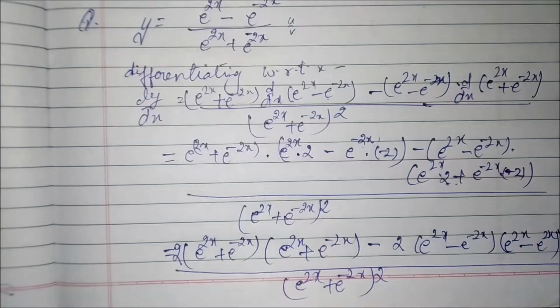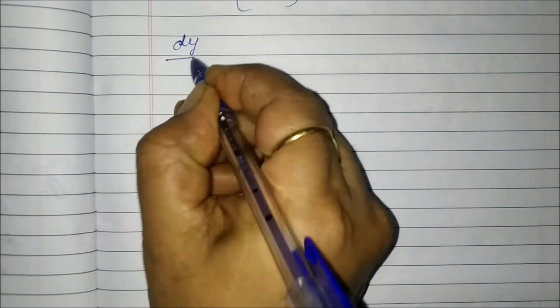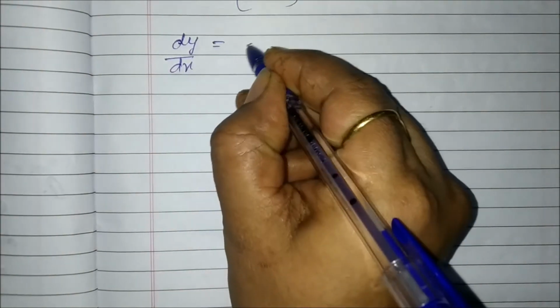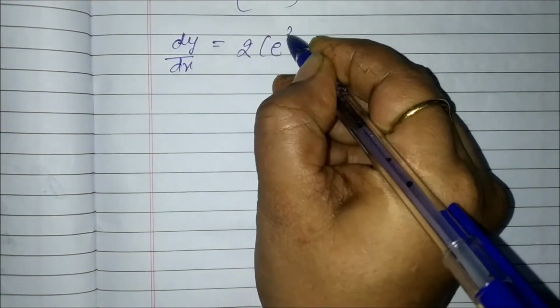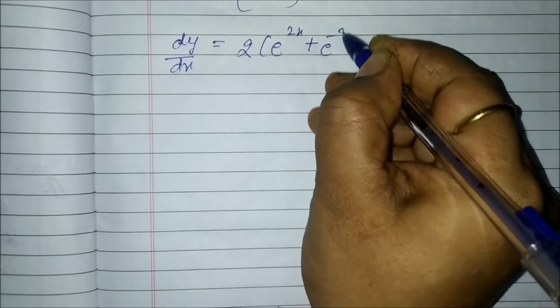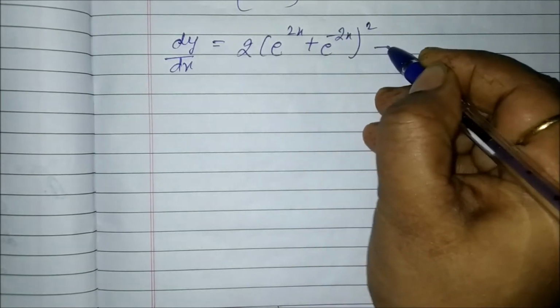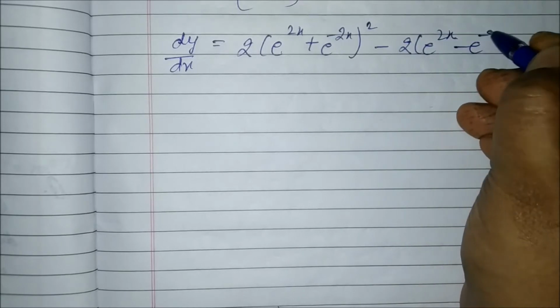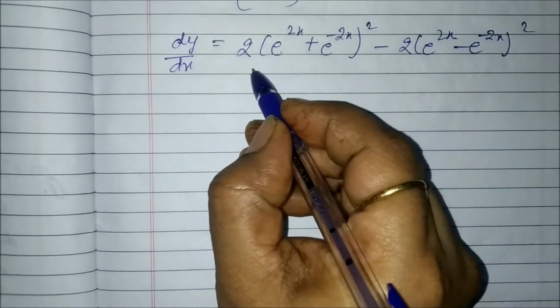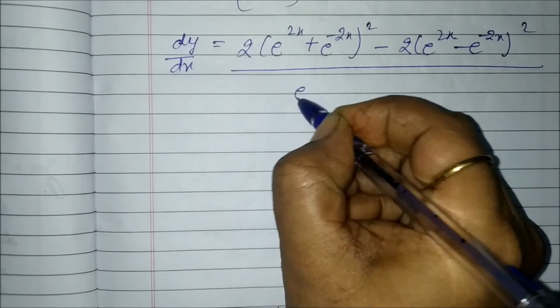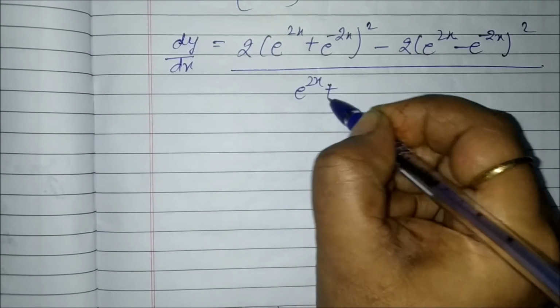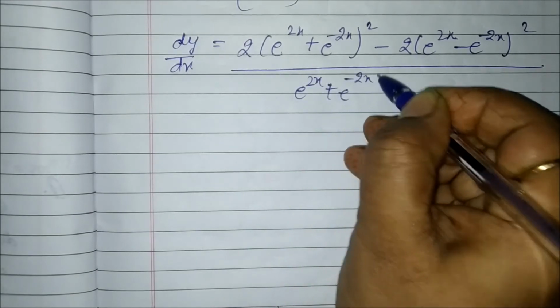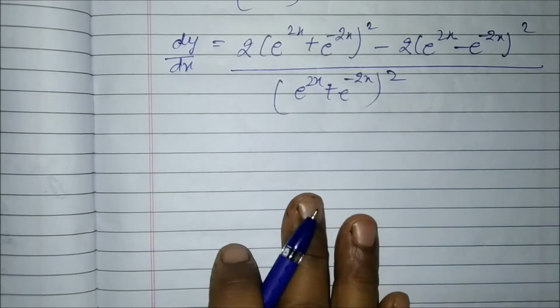Okay, on simplifying further we get 2 times (e raised to 2x plus e raised to minus 2x) whole square minus 2 times (e raised to 2x minus e raised to minus 2x) whole square upon (e raised to 2x plus e raised to minus 2x) whole square.